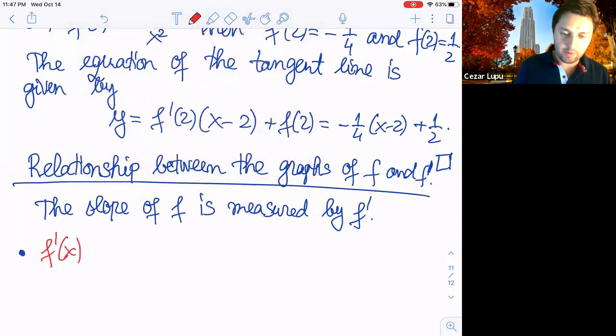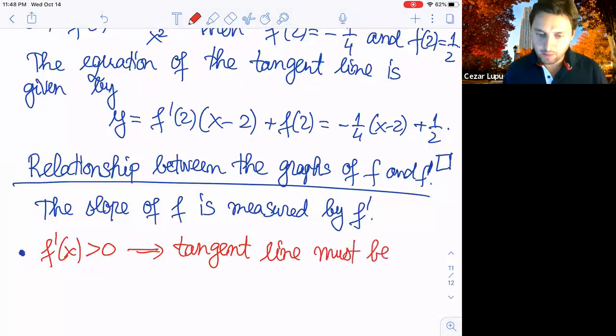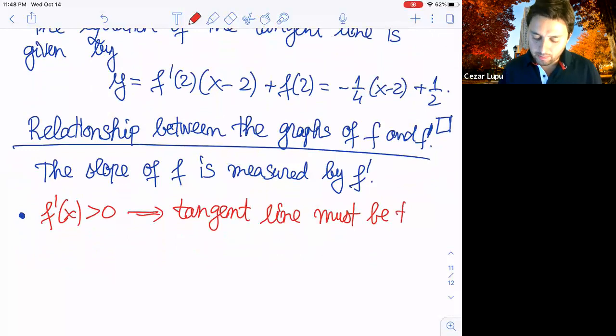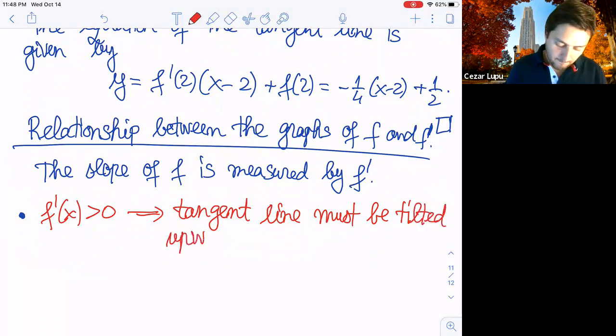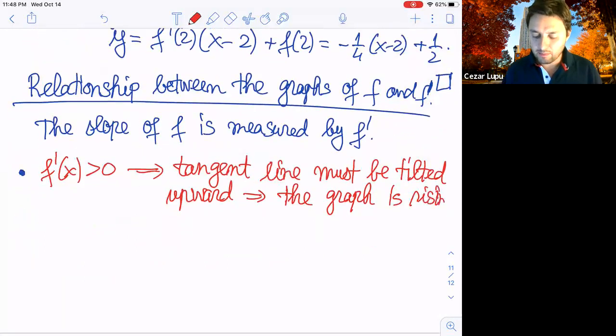If the derivative is positive, then we can say that the tangent line must be tilted upward, right? So in other words, say the graph is rising. Or we can actually say something even better: the function is actually increasing, but anyway.